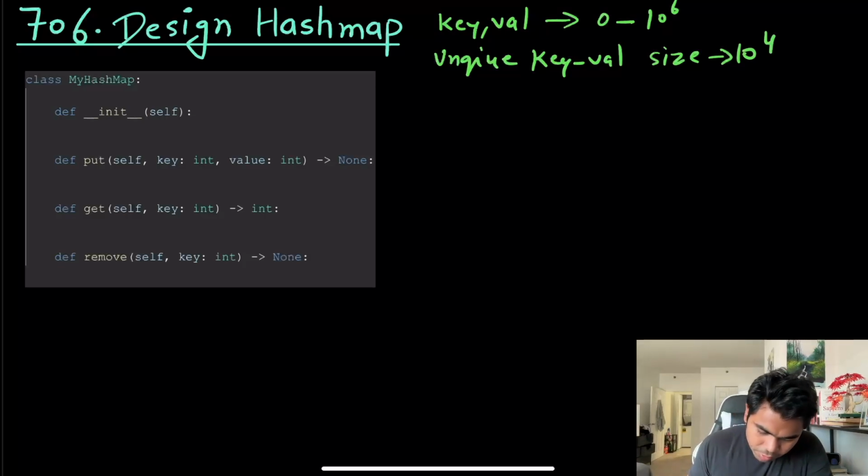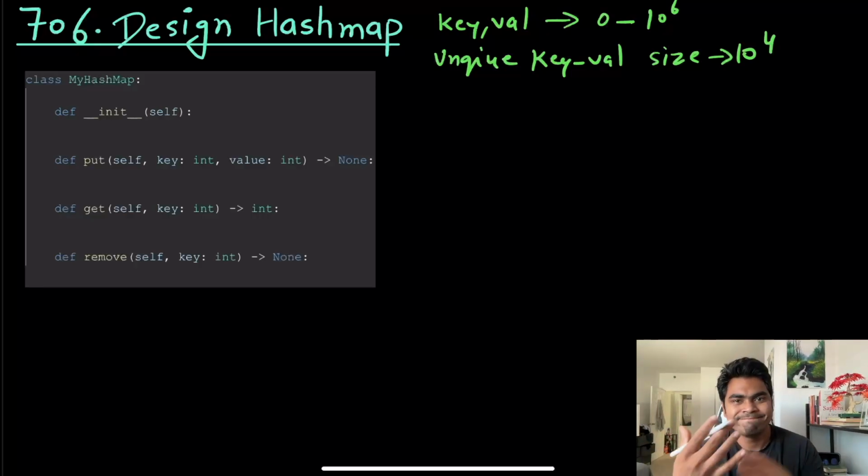So what is the brute force way of implementing this hash map? What is the very common data structure that we know? That is a list in Python that we can use, and a list stores any value using the indexes.